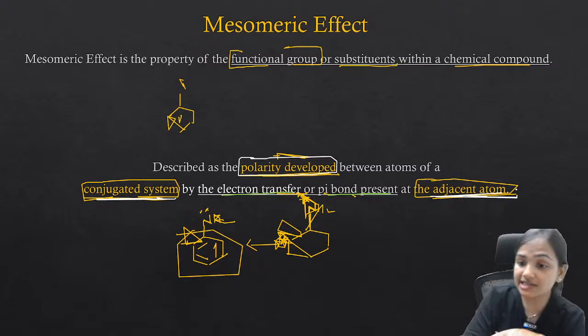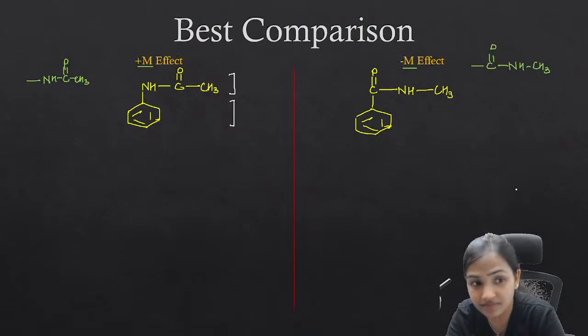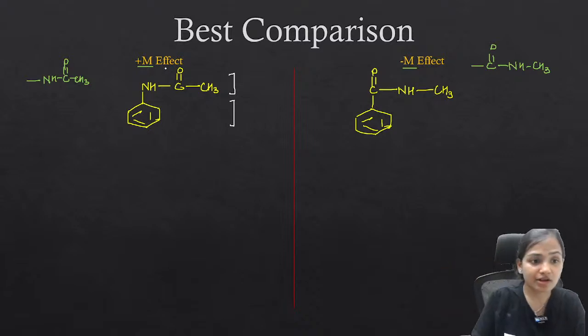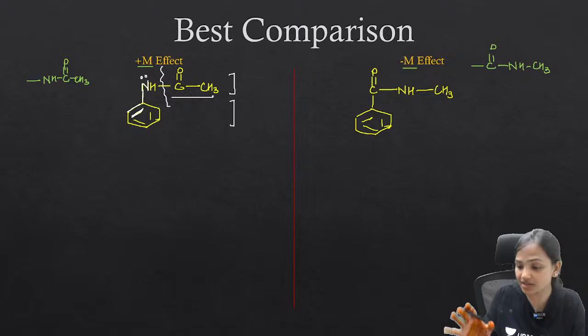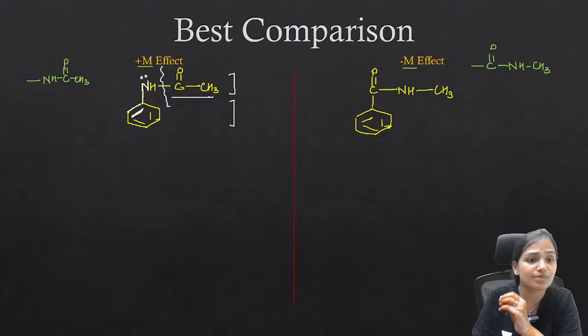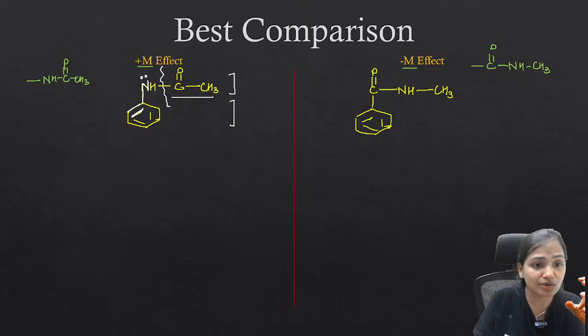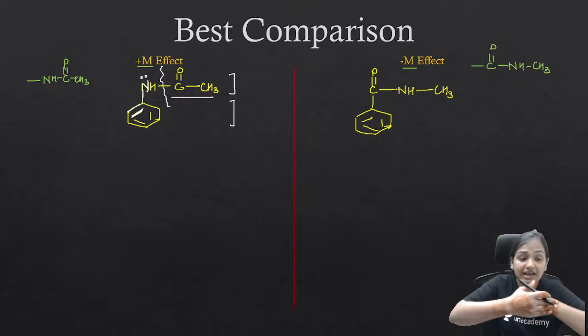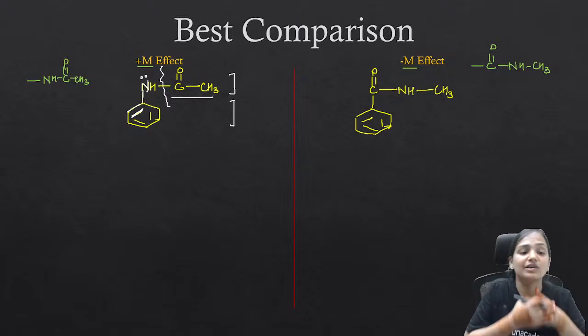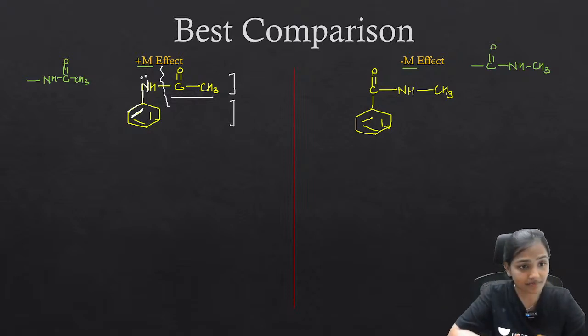This is your conjugated system, and the adjacent atom. I need not bother what this part is doing. My whole focus has to be on the atom which is directly attached to the benzene ring. That is the adjacent atom. Again and again I am saying the adjacent atom, the nearest atom, the atom very close to the benzene ring. Have a look at that particular atom.